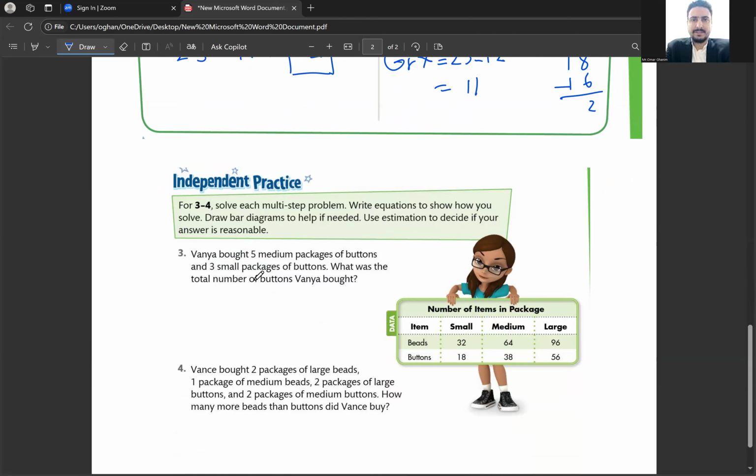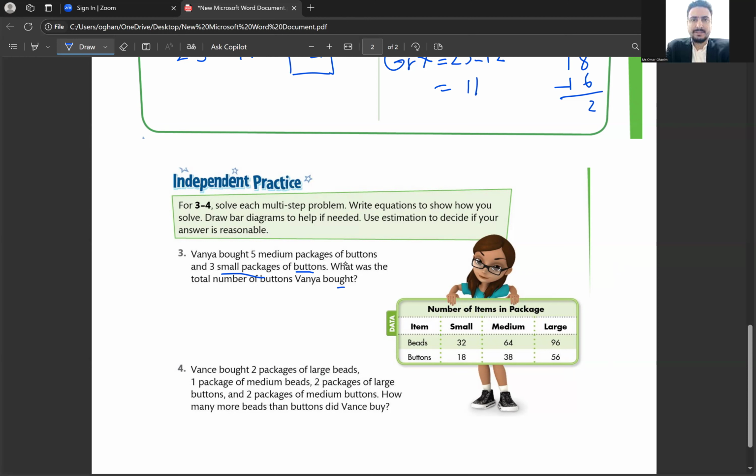Here, question 3. Vanya bought 5 medium packages of buttons and 3 small packages of buttons. What was the total number of buttons Vanya bought? Now circle the small and the medium. We need 5 medium packages of buttons.